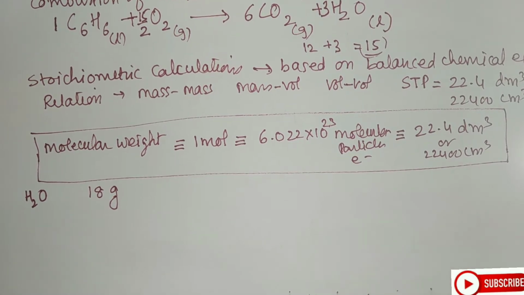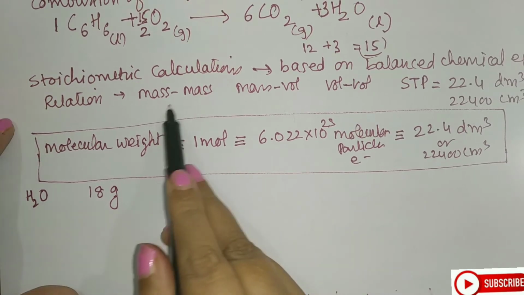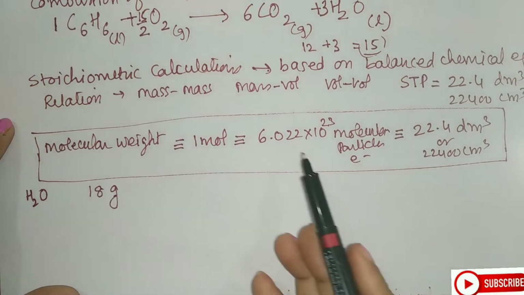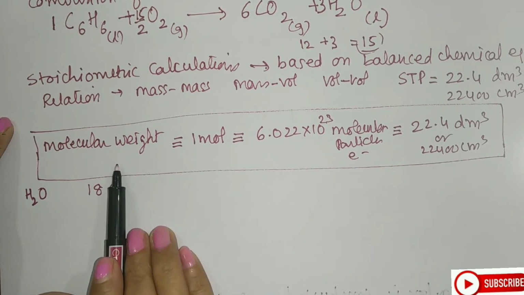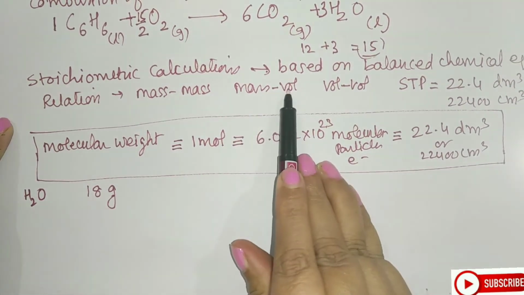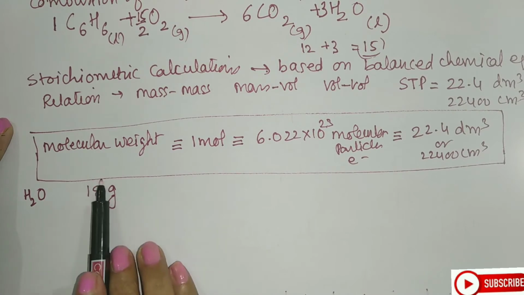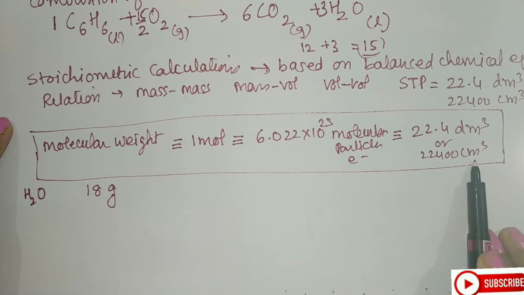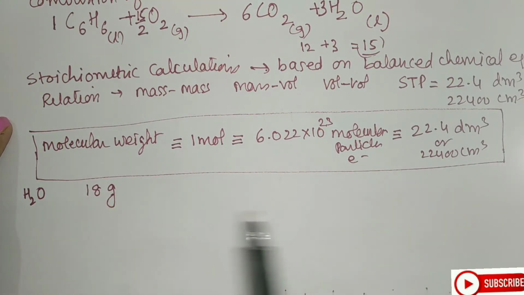This is the relation we have to set up. When I say mass to mass, I am talking about the given mass and the molar mass. When I say mass and volume, I am talking about the molar mass and the STP volume. So this type of relations you have to create.